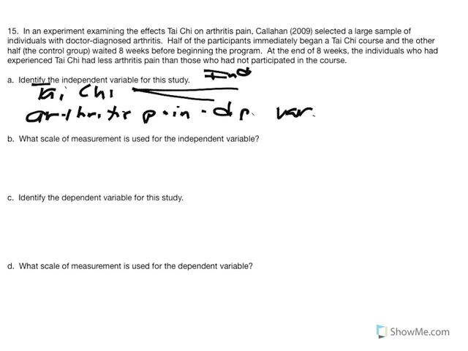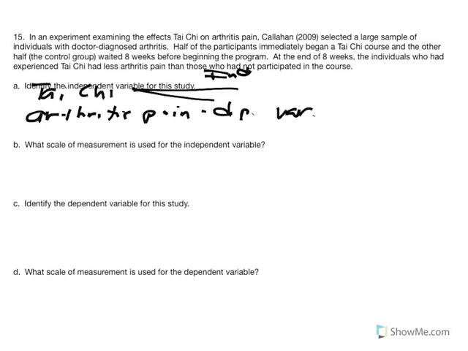Okay, so they're going to immediately begin, or wait 8 weeks.